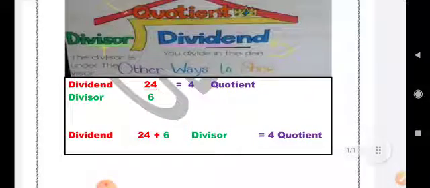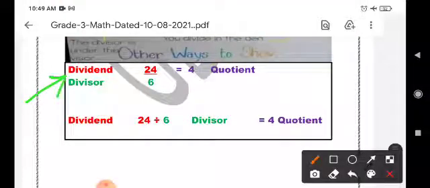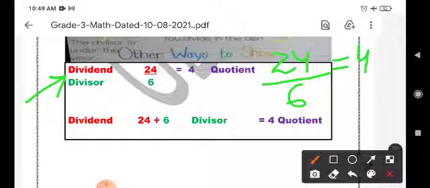So we can show this strategy in the form of dividend is 24, divisor was 6, and it gave us the quotient of 4. This is another way, the second way how we showed it.